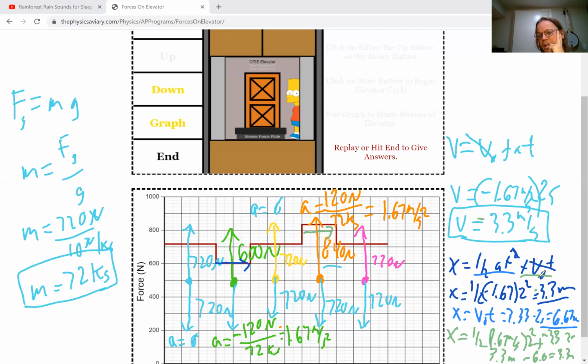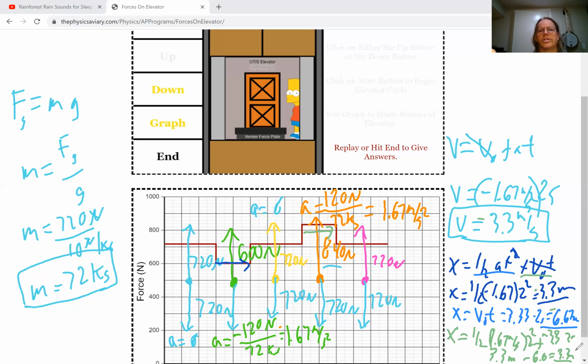We've got 3.33 plus a 3.33 plus a 6.67 for a grand total of 13 meters.